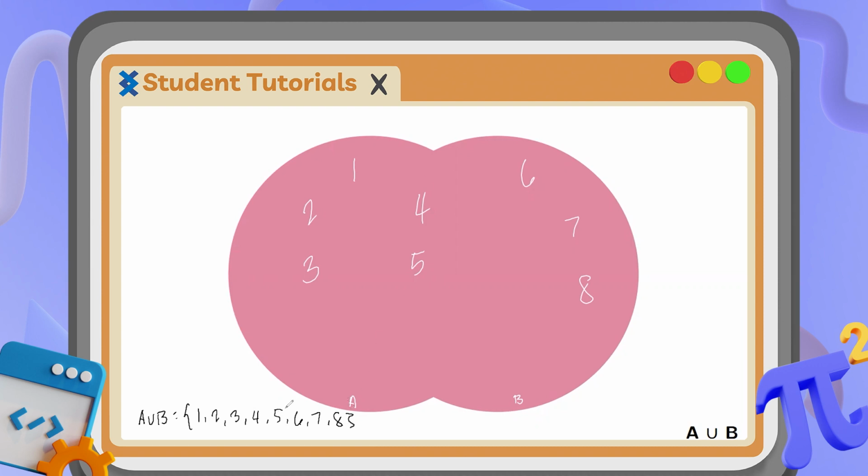Take note that I did not include the duplicate 4 and 5 in the union set.